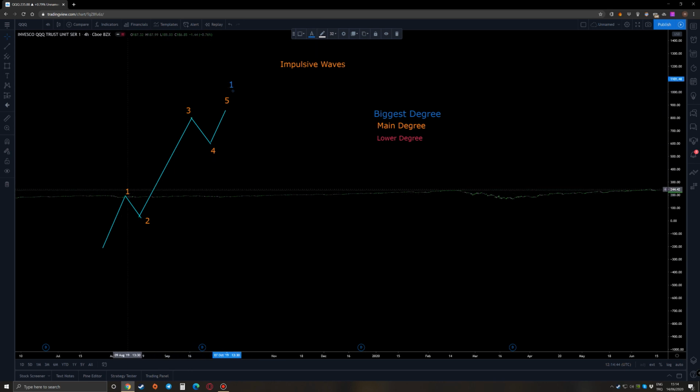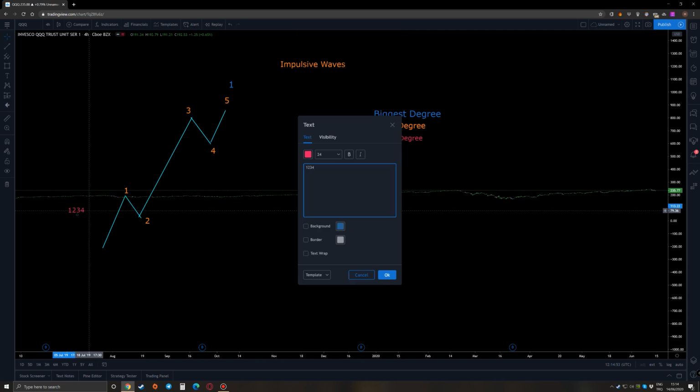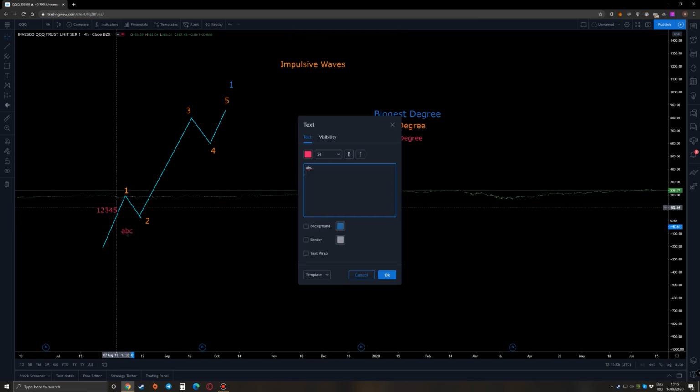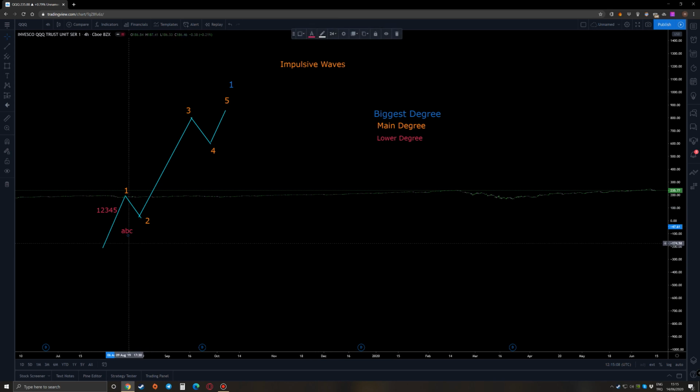If I put 1 here, it means that on a lower degree, something should end here as well. So on our lower degree, we need here 1, 2, 3, 4, 5. Now the rule says that on the lower degree, which is from 1 to 2, in this color, it will be, let's say, ABC. But it cannot be a triangle here.